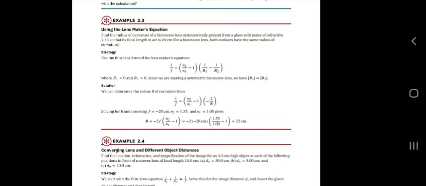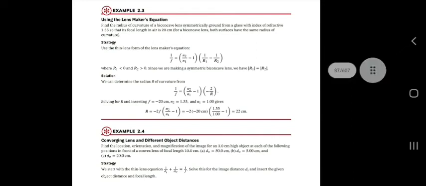As we can see here, the given is the focal length of 20 cm and the index of refraction of 1.55. So we are going to find the radius of curvature of a biconcave lens symmetrically.